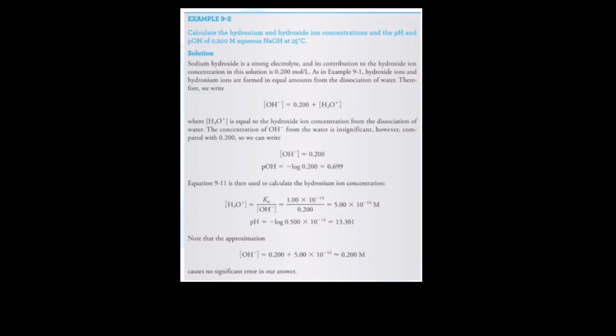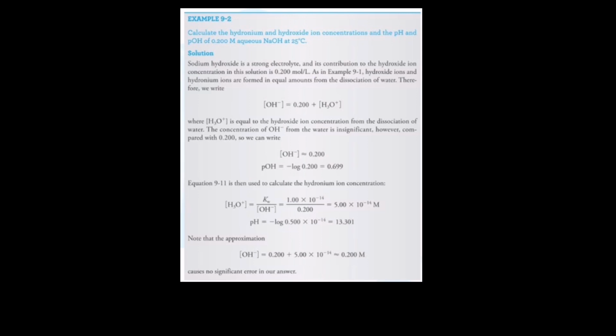The concentration of OH- from the water is insignificant compared with 0.200, so we can write [OH-] = 0.200. So pOH is equal to negative log 0.200, which is equal to 0.699.